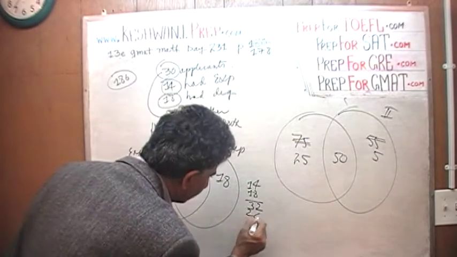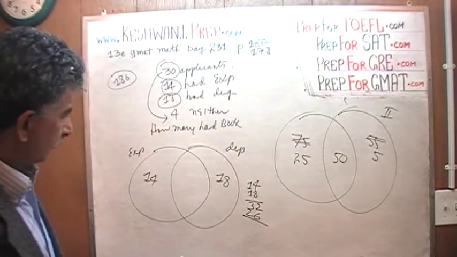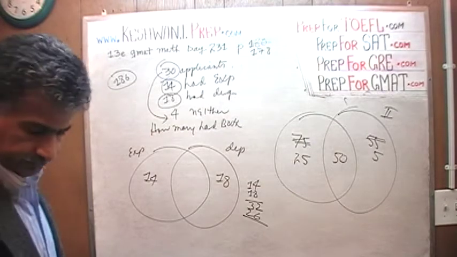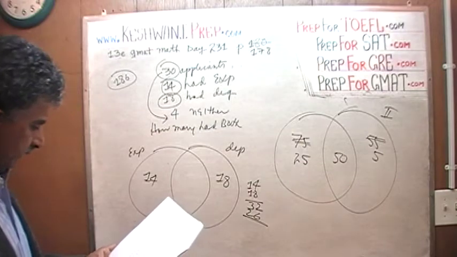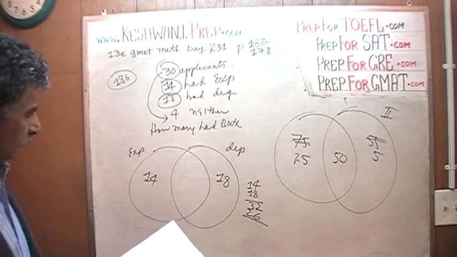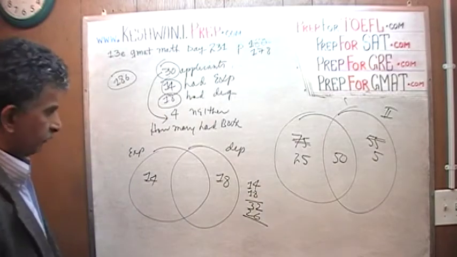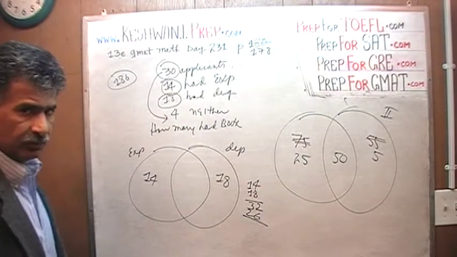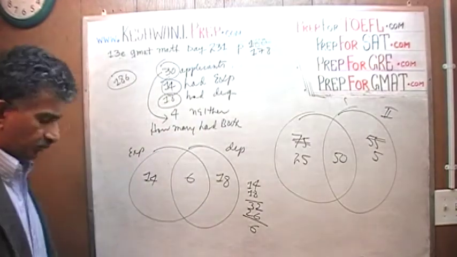So something has gone wrong here. 14 and 18, that's 12, carry 1, that is 32. And it is 26. So 32 minus 26 is going to be 6 people, which means 6 people have both.